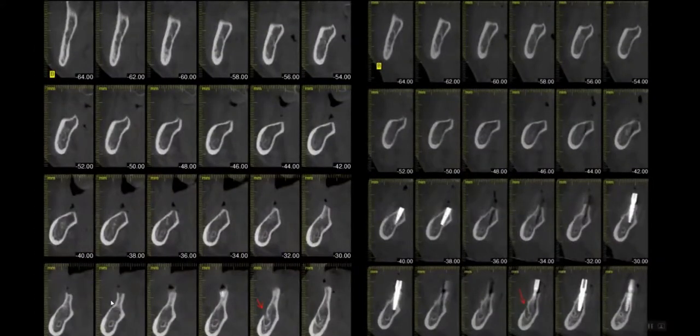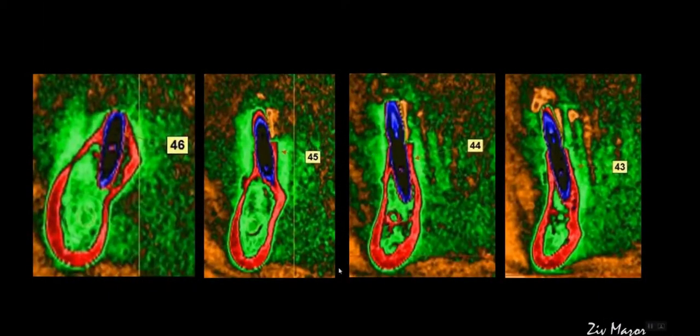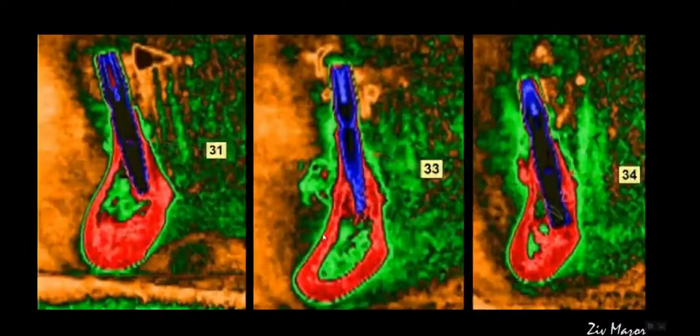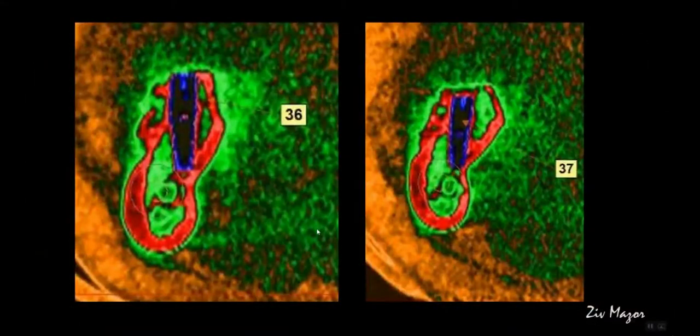And that is the other side with the implants in the right position, like here. Those are the reconstructions. Again, you can see the bone, which is the red, and the implants, which are the blue, in the right positions.